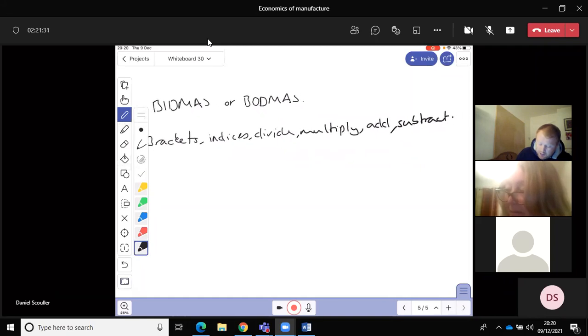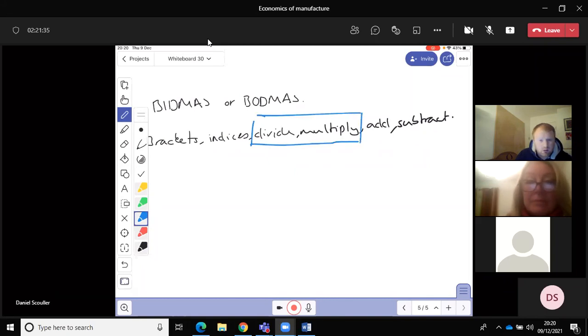What I would say there is when you've got both multiplications and divide, we've seen enough now that you can do that in any order. You can manipulate it to do a multiplication before a divide or a divide before a multiplication. So just be comfortable and aware of that. Likewise, if we've got an add and a subtract in an equation, it doesn't matter if we do the subtract first or the add first.